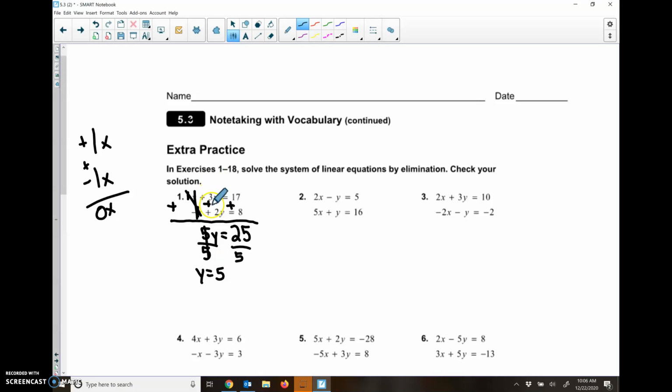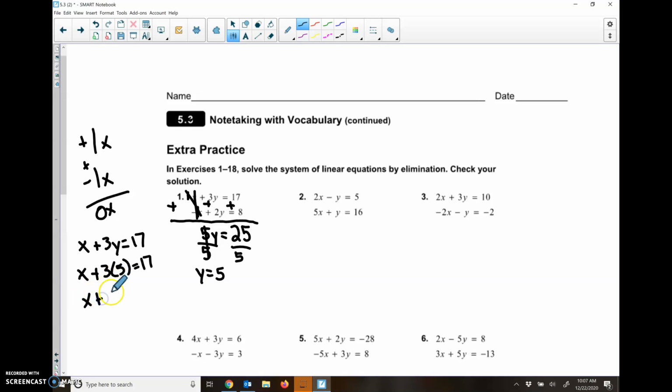And then we need to pick either the top or the bottom, whichever one we think looks easier. I'm going to pick the top one because I don't really like that negative x there. And I'm going to substitute in that 5 for y and see if I can figure out what x is now. So I have x plus 3y equals 17, but we just figured out that y was 5. So instead of 3y, I'm going to put 3 times 5.